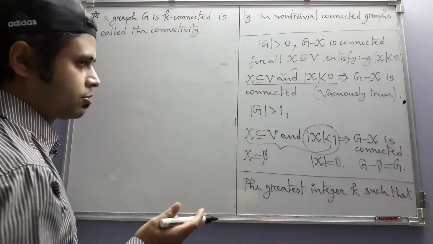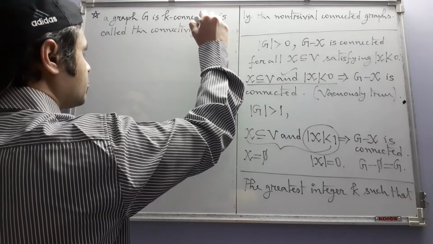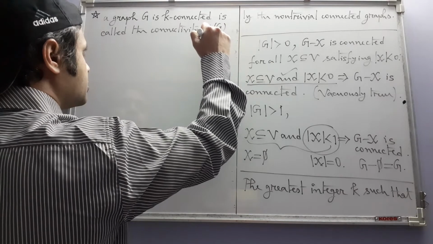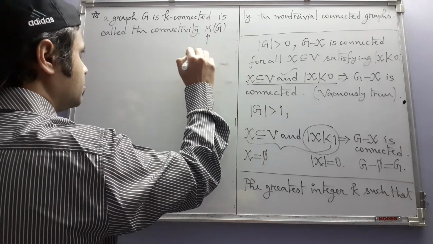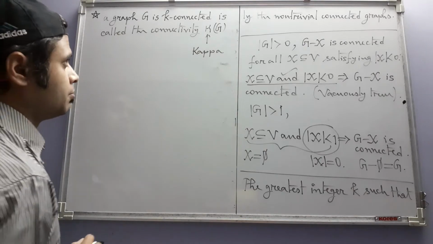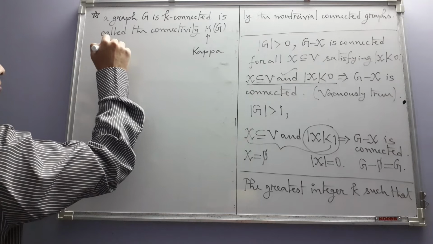There is another notion, namely edge connectivity. Kappa of G. This is the Greek letter kappa of G.